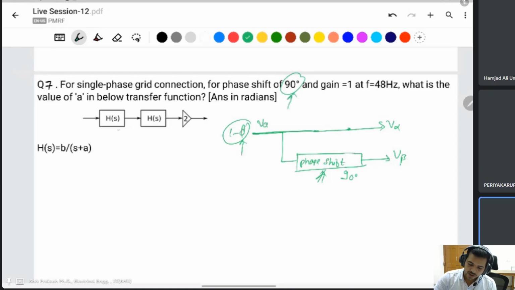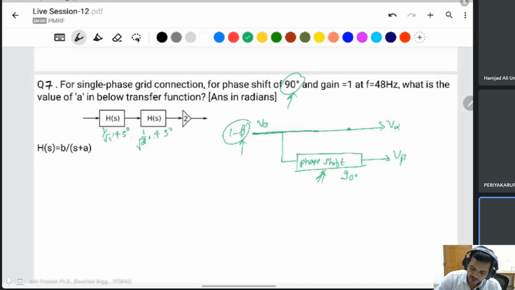For this, you use two different blocks with the same phase. Each has a value of 1 by root 2 at 45 degrees. Same thing for the other, 1 by root 2 at 45 degrees.